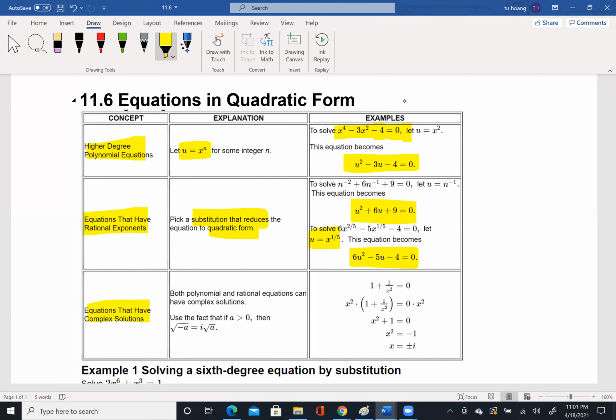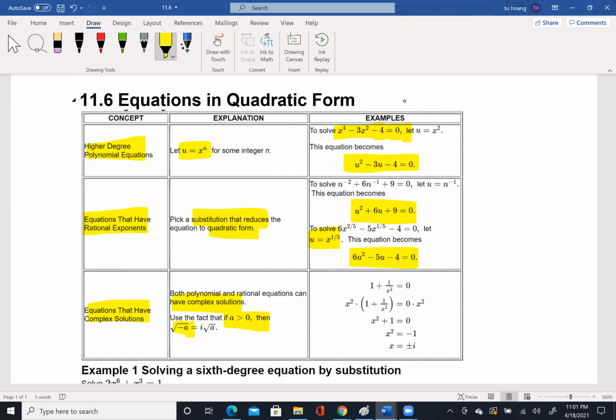And equations that have complex solutions also. Both polynomial and rational equations can have complex solutions. You're going to use the fact that if a is greater than 0, then the square root of negative a is i times the square root of a.